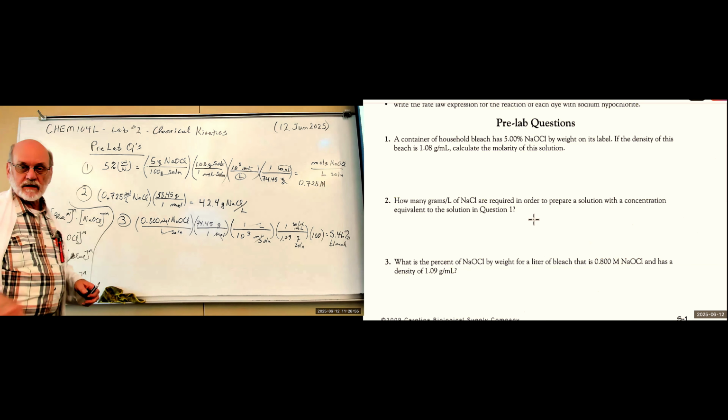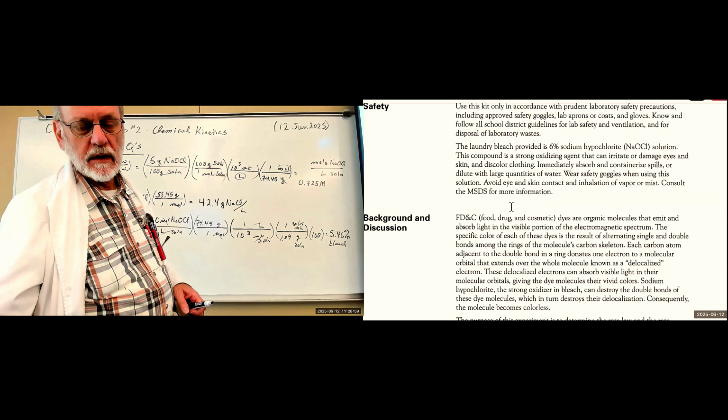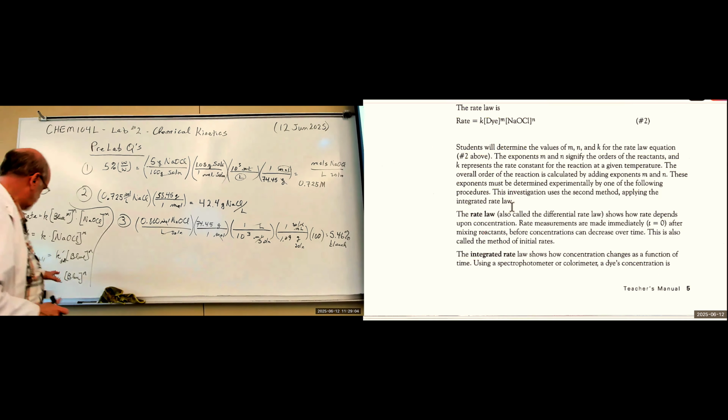Okay, so that's your 3 pre-lab questions. And do we need any more background on the procedure? The reason we're going to do 2 separate reactions, and there's an explanation in your copy of the lab that describes what to do with the data. Follow-up calculation.